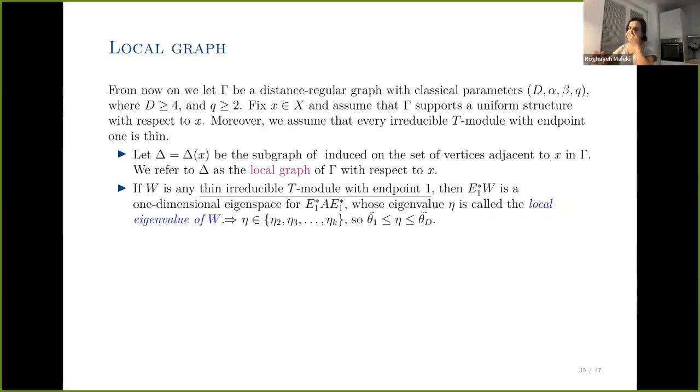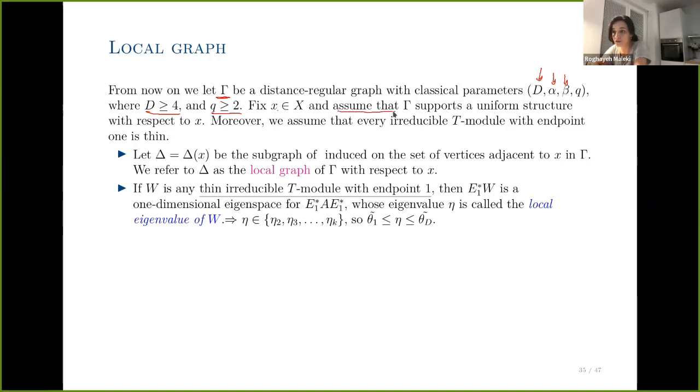So for this part, we in fact focus on the concept of local graphs, and we had to put more assumptions in the beginning to make progress. So from now on, we let the graph gamma be a distance regular graph with classical parameters d, alpha, q, and beta, d big enough, q greater or equal to 2, fix a vertex.